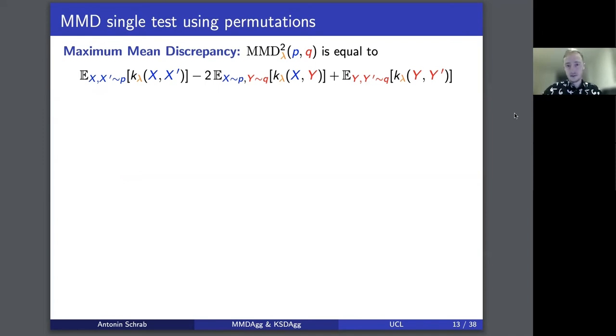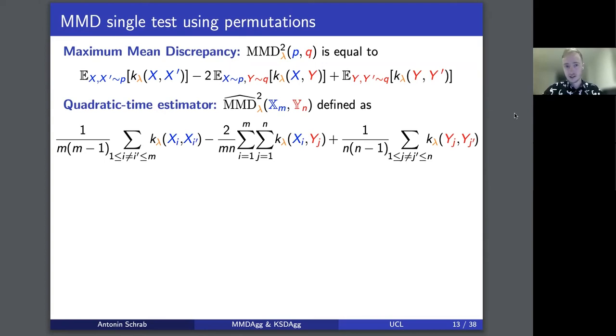The maximum mean discrepancy can be shown to be equal to this term, where we have some expectation of a kernel over P, minus 2 times some expectation of a kernel over P and Q, plus some expectation of a kernel over Q. And so the quadratic time estimator can be obtained by just replacing those expectations with some averages.